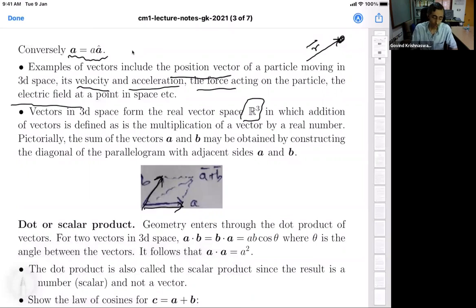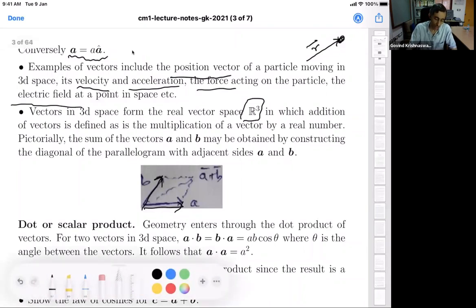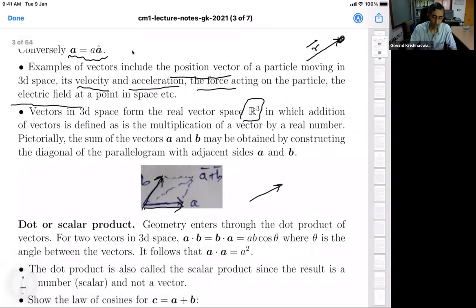But we can also multiply a vector by a real number. So we can rescale a vector by 2 or 23 or -4, and that's going to change the length of the vector. So for instance, if we have a vector here, we can multiply it by 2 and get a vector that is twice as long.